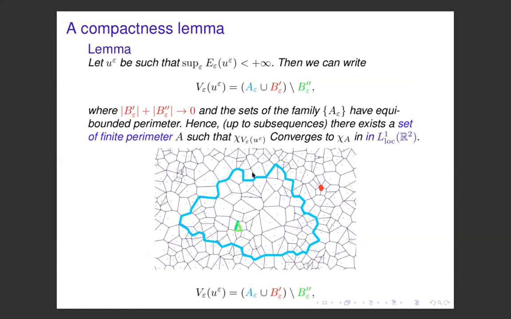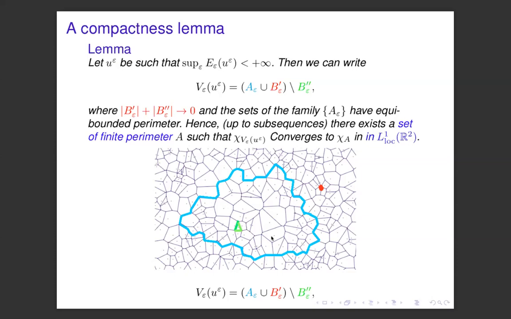But we have proved a lemma with Piatnitsky that states that we cannot estimate the set in terms of the energy, but we can remove some part of the set, this red part, or add some part to this set, and the parts that we add and remove are negligible, such that we can create what remains, which is now the region enclosed by this light blue curve.